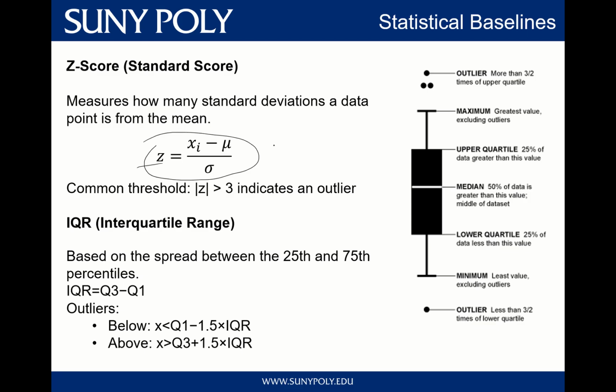And the nice thing about z is that the mean value of z is equal to 0 and the standard deviation of z is equal to 1, right? So you don't have units here. That's why you create this rule: if you have values above 3 or below -3, then that's an indication of anomaly or outlier, right?